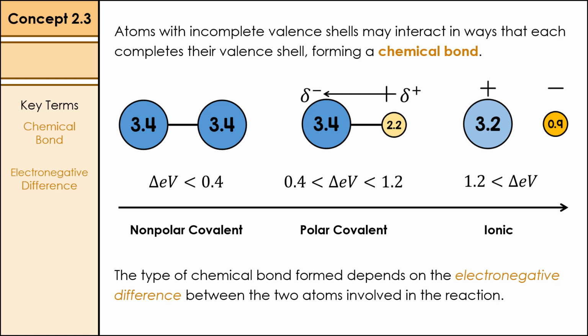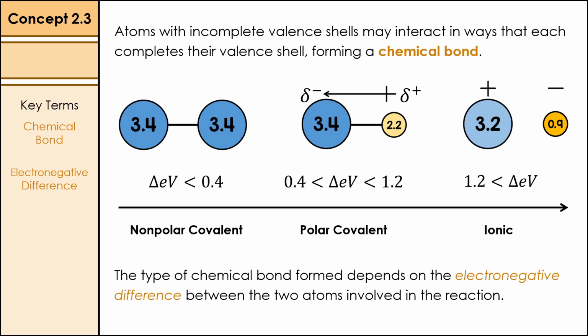So the smallest amount of electronegativity difference, if our atoms are really close together in terms of their electronegativity, will form what we call nonpolar covalent bonds. Essentially, our atoms will share the electrons equally.